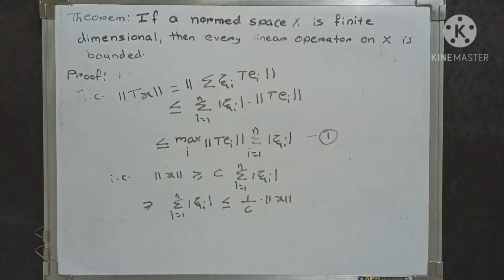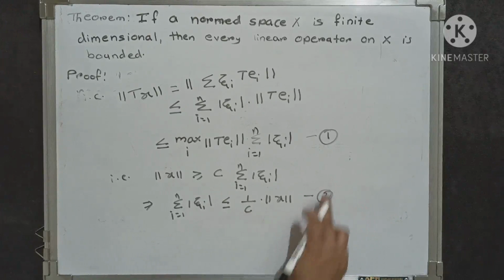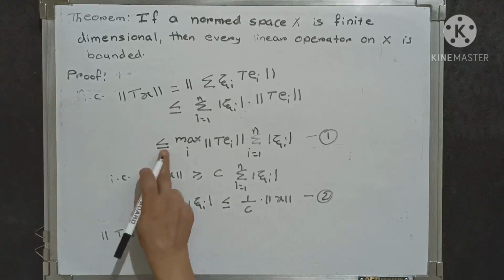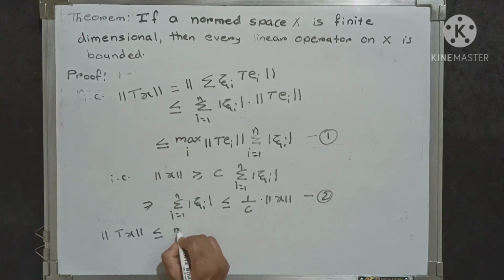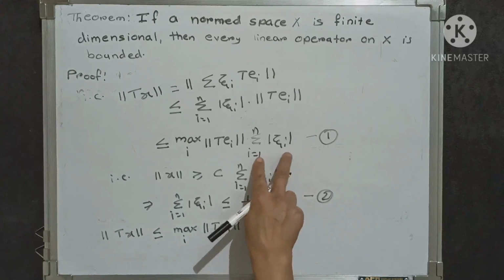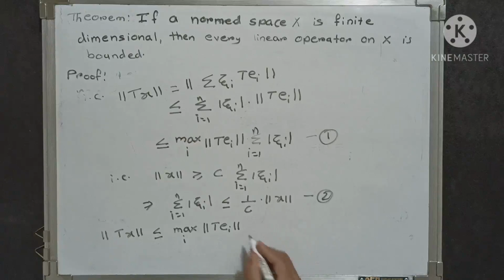And therefore, using this result, from equations 1 and 2, we can write the norm of Tx is less than or equal to the maximum over i of the norm of Tei times the summation, and this summation is less than or equal to 1 by C times the norm of x.